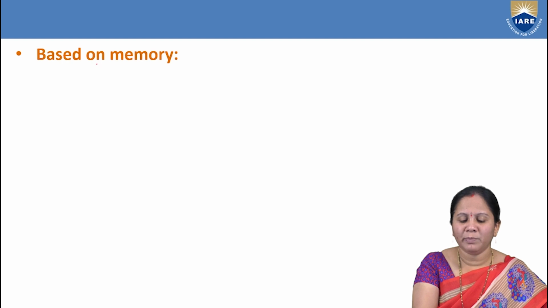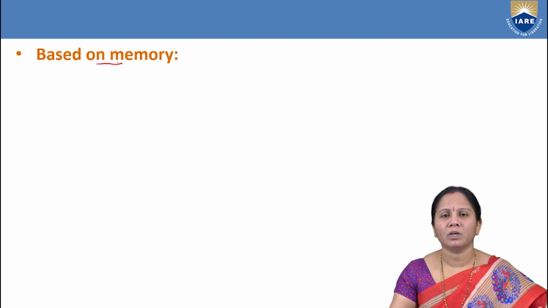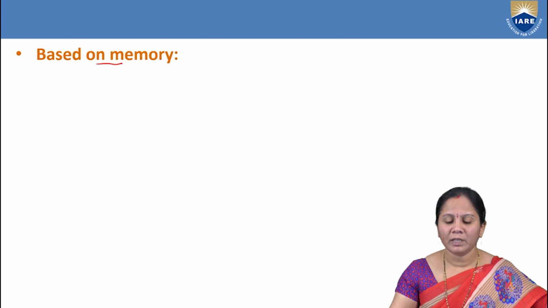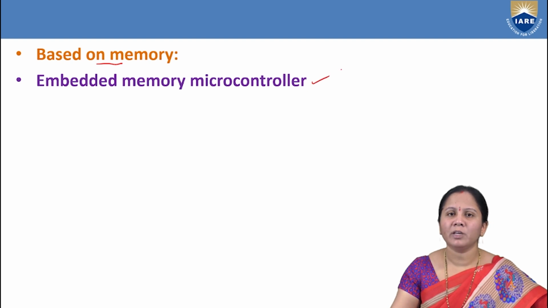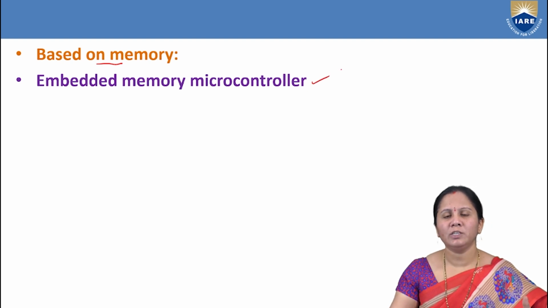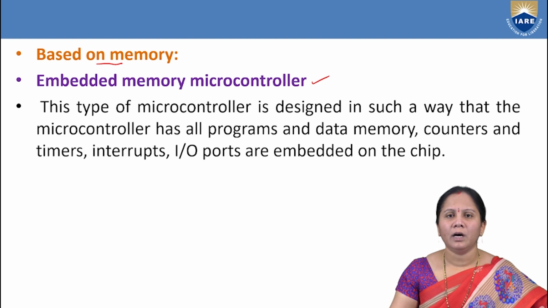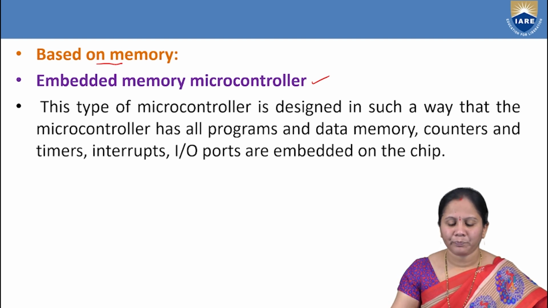Next. Based on memory, microcontrollers are classified into external memory and embedded memory. The 8051 microcontroller comes under the embedded memory microcontroller, because it has inbuilt memory.